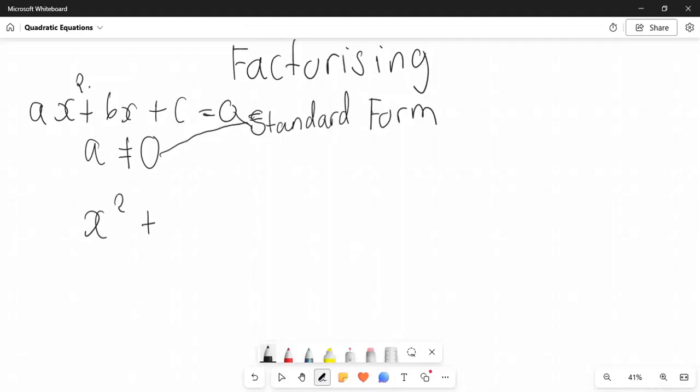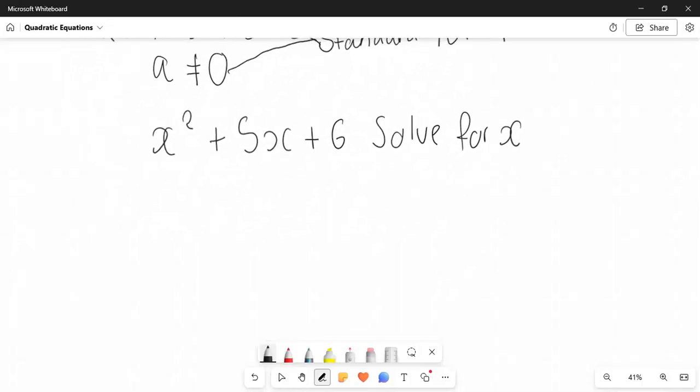x squared plus 5x plus 6. Solve for x. We're going to start off really simple. You see b and c.